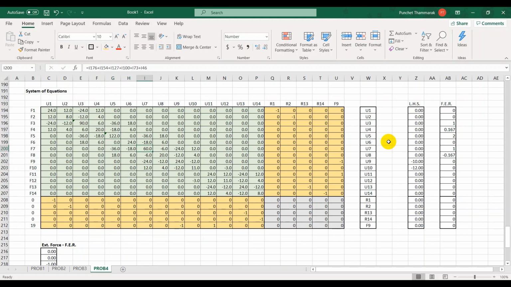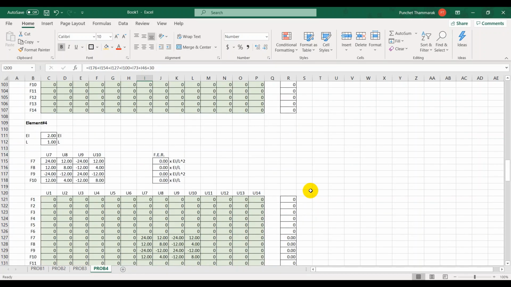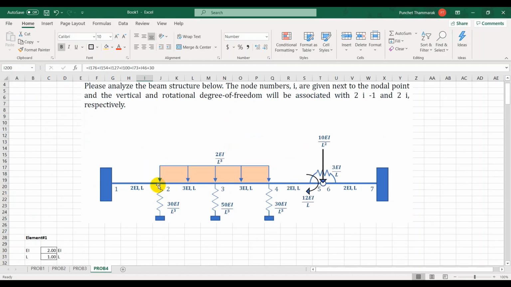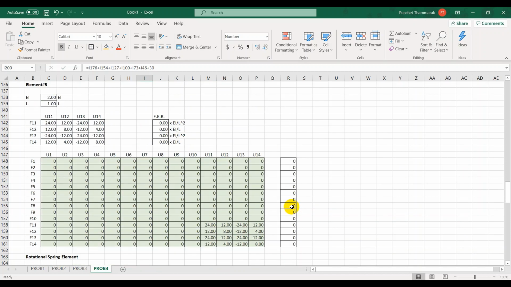And number 7, plus 30. We'll just highlight this first. Want to make sure 3, 3, 5, 5, and 7, 7. Okay, 3, 5, 7. Yeah, 4 minus 1, 3, 6 minus 1, 5, and 7: 30, 50, 30. Okay, I think we have incorporated everything in this problem already.